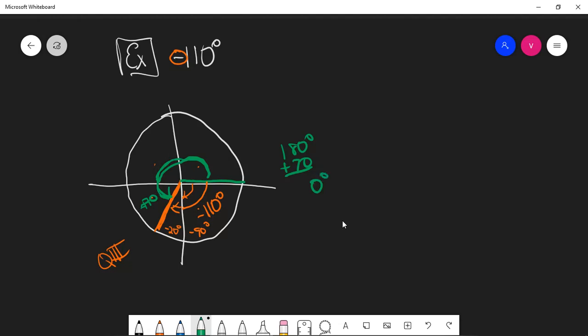So that would be 250. Does that sound right? So 250 is standard position, and it's in quadrant 3. And then you know all those coterminal angles are the negative angle or the rotations that come before or after, right? Going in the negative direction or the positive direction.